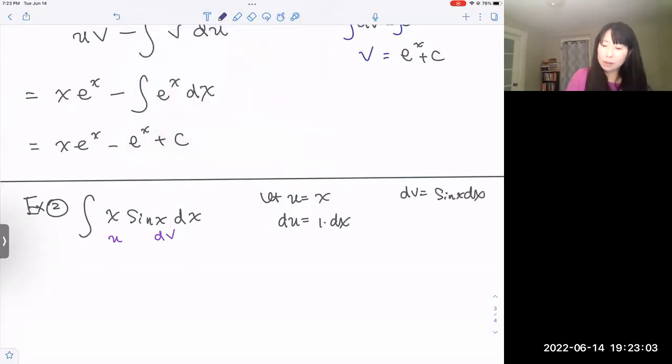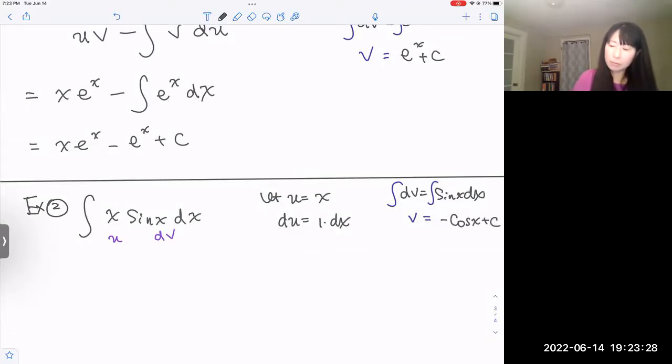Then how do you make a v, which is an integral, right? What do you get? Antiderivative of sine x, negative cosine x, excellent. Plus C.